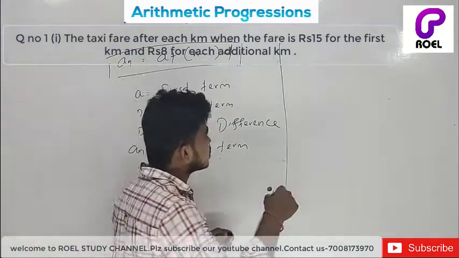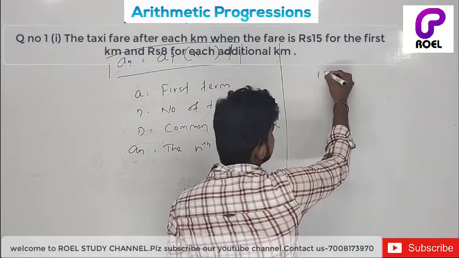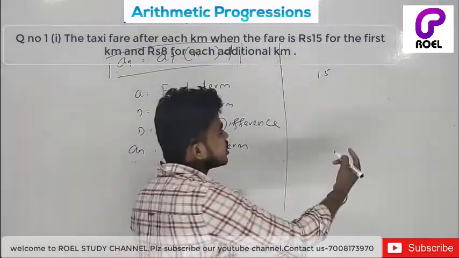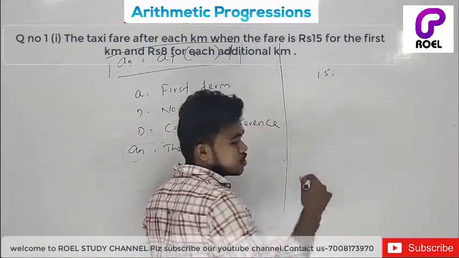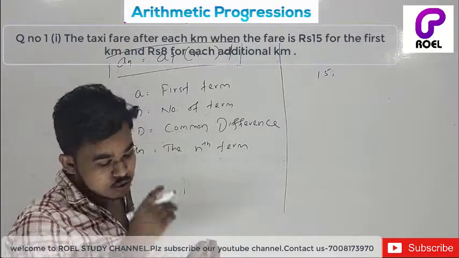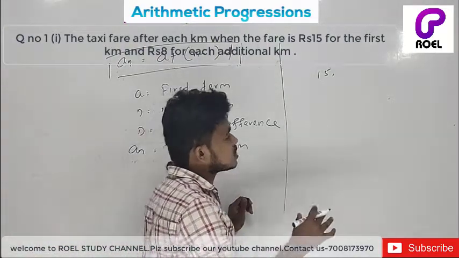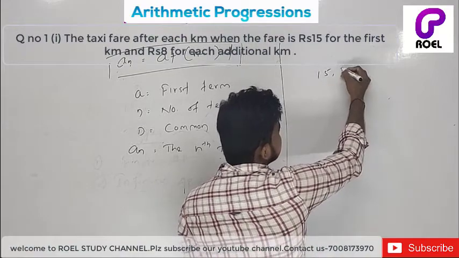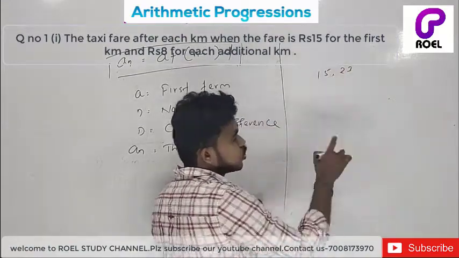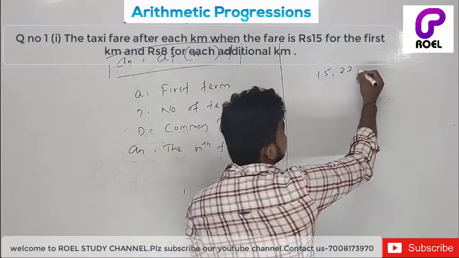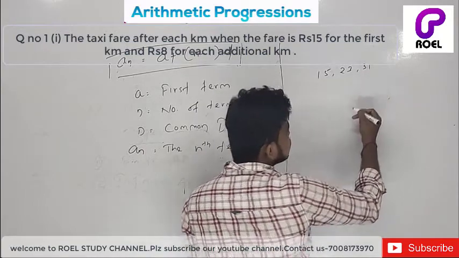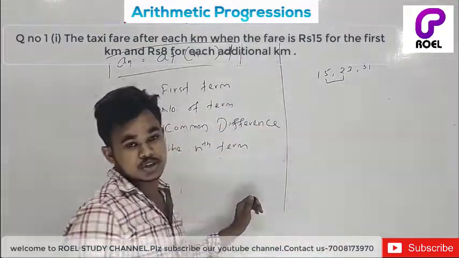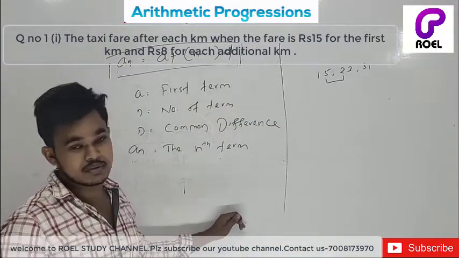Here it is given that the first kilometer will be charged rupees 15, and after each additional kilometer the taxi fare will be increased by additional rupees 8. That means in the second trip we will charge 23 rupees and again 31 rupees. Likewise, in each kilometer there will be an additional 8 rupees.